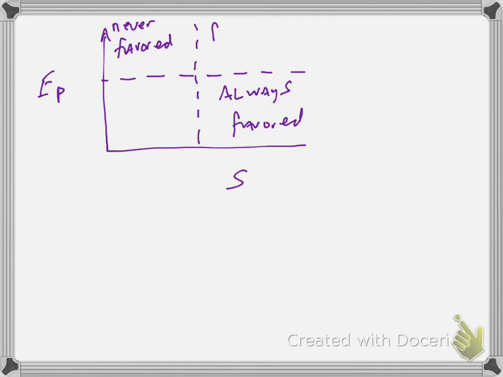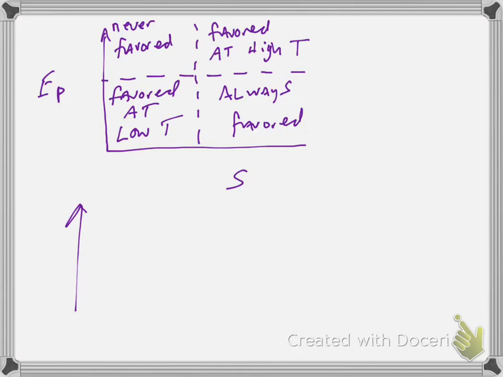It doesn't matter what temperature you run the reaction, whatever's in the top left quadrant is never favored. In the top right quadrant, this species, if something has been identified there, means that it is favored at high temperatures. And in the bottom left, it is favored at low temperatures.